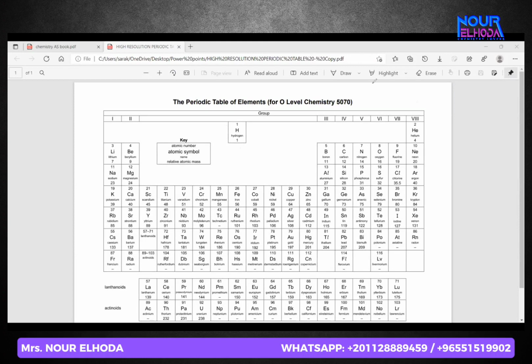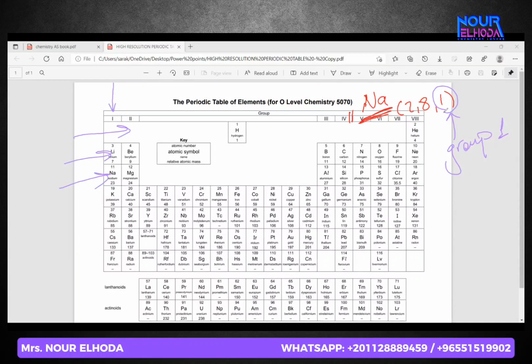Let's start with location. Now I will check the location of sodium. Sodium is 11, so 2, 8, 1. Step 1, you will check the electrons in the outer shell. It will indicate what? It's in the first group. Exactly, it's going to be in group 1. But I need to know, is it in period 1, period 2, or period 3? What are you going to do?